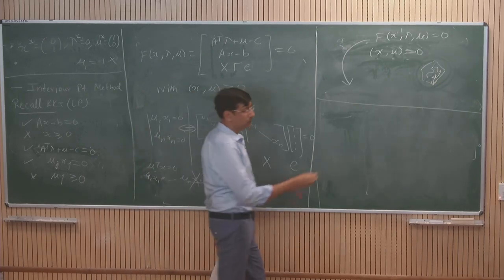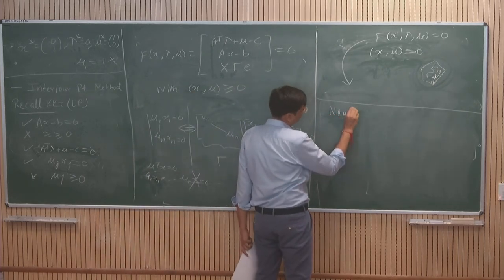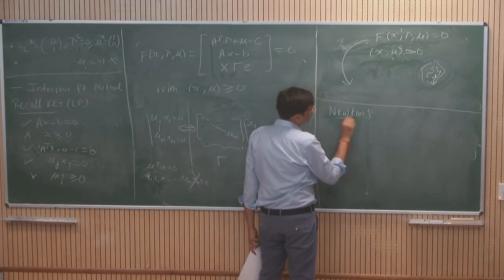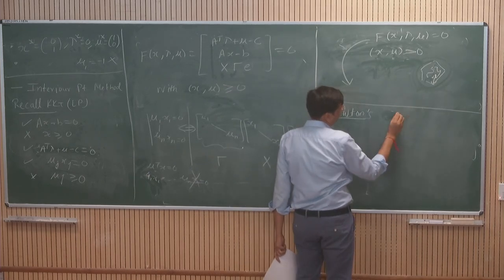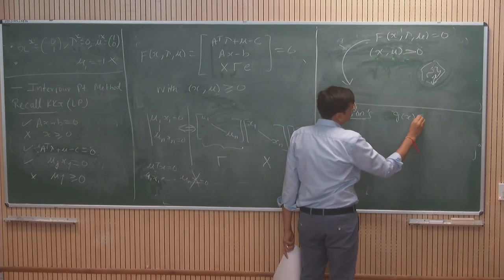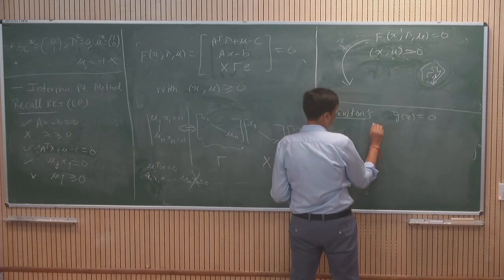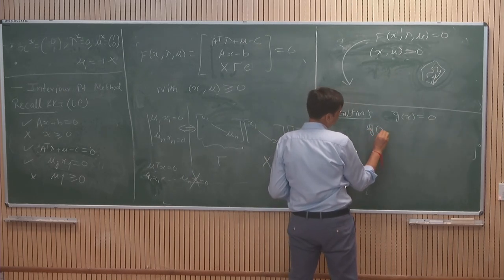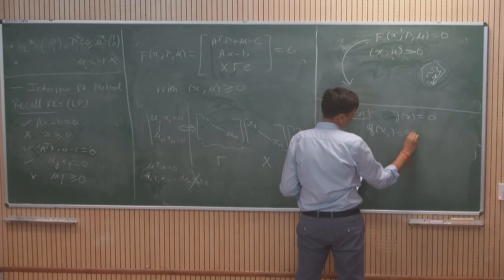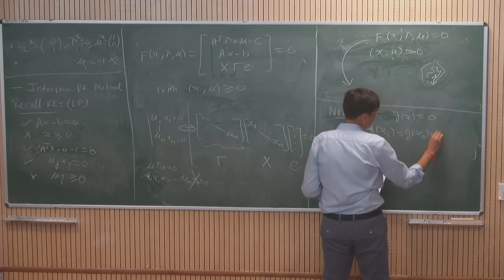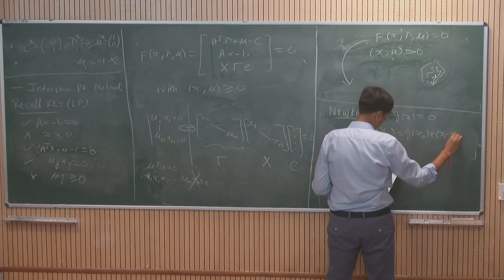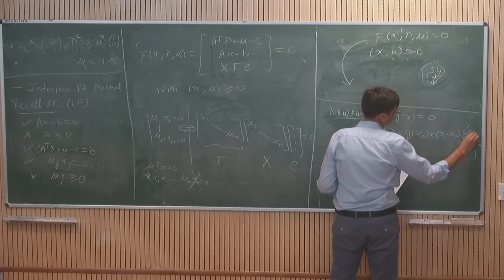Newton's method. So if I had to solve some function g of x equal to 0, what did the Newton's method direction says? I'll say g of x1 is equal to g of x naught plus Taylor of x1 minus x naught g prime of x naught, right?